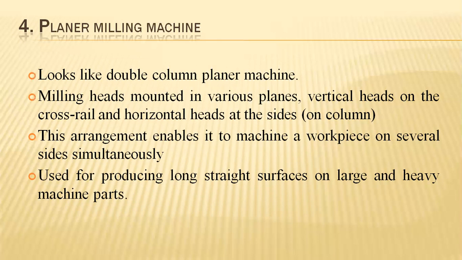Nominally, certain arrangements have the capability of machining the workpiece simultaneously on several sides, similar to the fixed bed type of milling machine. Particularly, this type of planar milling machine is used for producing long straight surfaces on large and heavy machine parts.